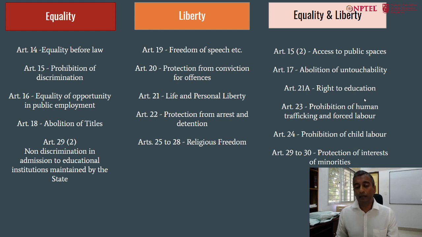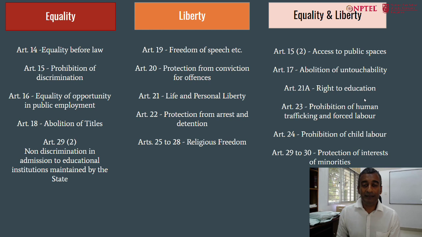Article 20 puts in place some protections in the criminal law area against retrospective laws as well as some protections against self-incrimination. So we will discuss some of these constitutional provisions in greater detail. But notice the cluster.